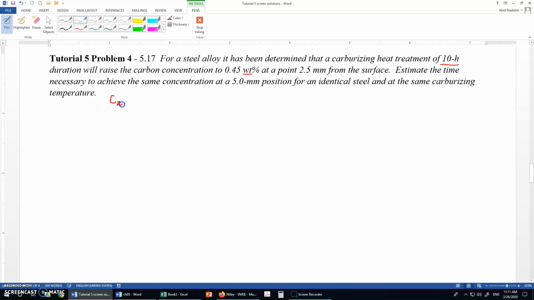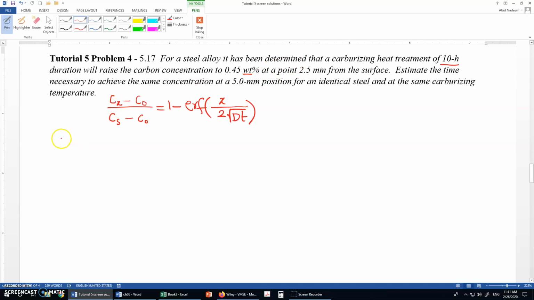The concentration at any point x minus the initial concentration at the same point, divided by the surface concentration minus the initial concentration, is equal to 1 minus error function of x over 2 under root Dt. Okay, so now apply this equation to this condition.